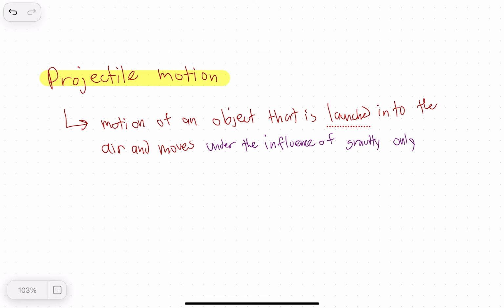For example, if you were to throw a ball off a building and it goes towards the ground, the only force applied is you throwing it, which is considered constant, and also gravity, since there has to be a downward motion.